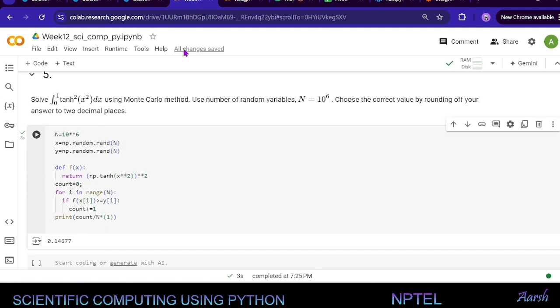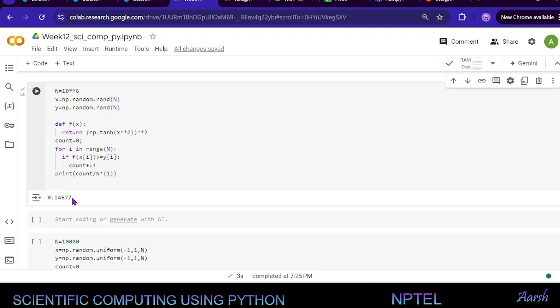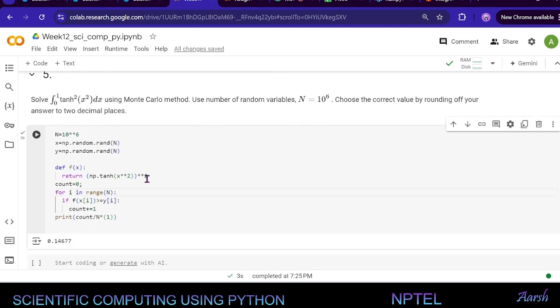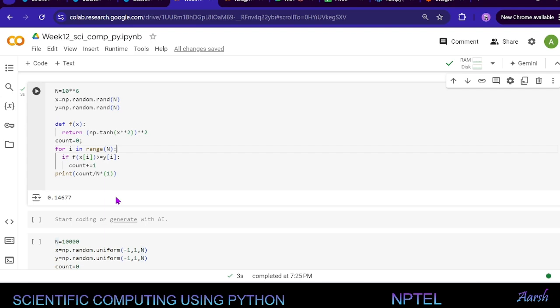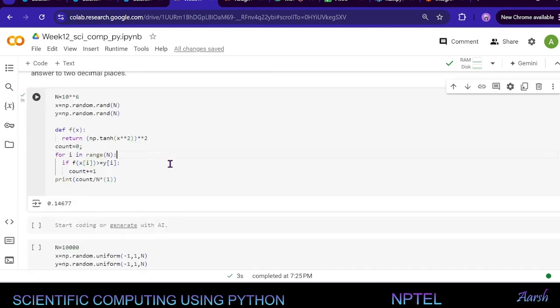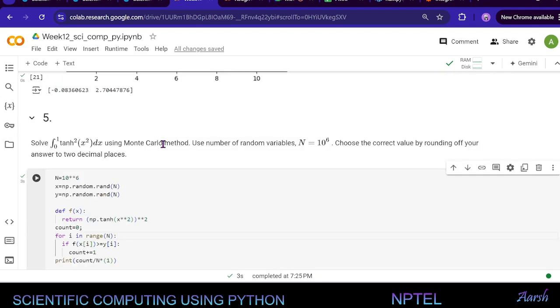Let's see how close we got. Yeah, pretty similar, right? If you think about it philosophically, it's funny. We are using random numbers to calculate something that has a definite answer. But once you realize how it works, it makes sense. Okay, so this is 0.14677. You can do rounding off yourself, I think, by now. So that ends the discussion.